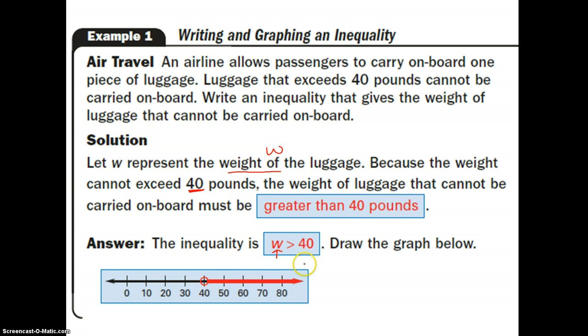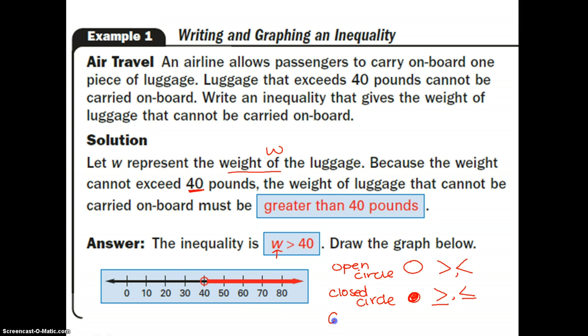Here's how we draw the graph. First of all, it's an open circle. An open circle means it's not shaded in, and that's for the greater than or less than symbols. A closed circle is when you shade it in, and that's for the greater than or equal to, less than or equal to.